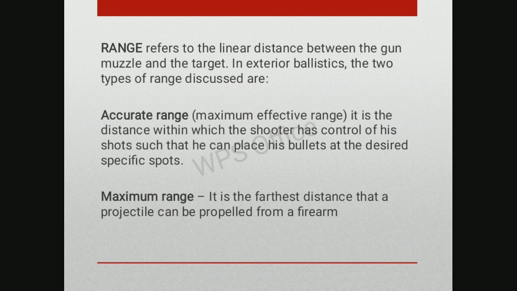The maximum range refers to the farthest distance that the bullet of a firearm can reach. But with regard to this, the shooter no longer has control over where the bullet will hit. It can only reach that far, but with regard to accuracy, there is none. Because, as we say, the principle of shooting is that the farther the distance the bullet travels, the less accurate it becomes.